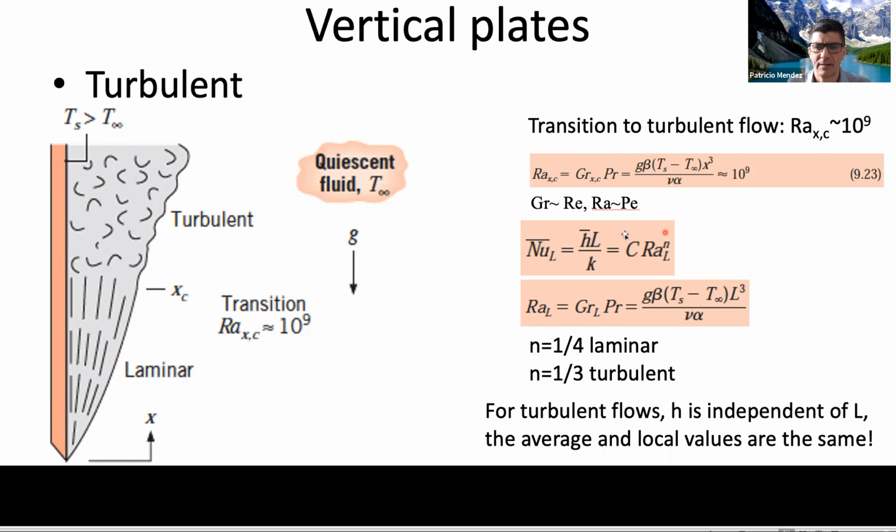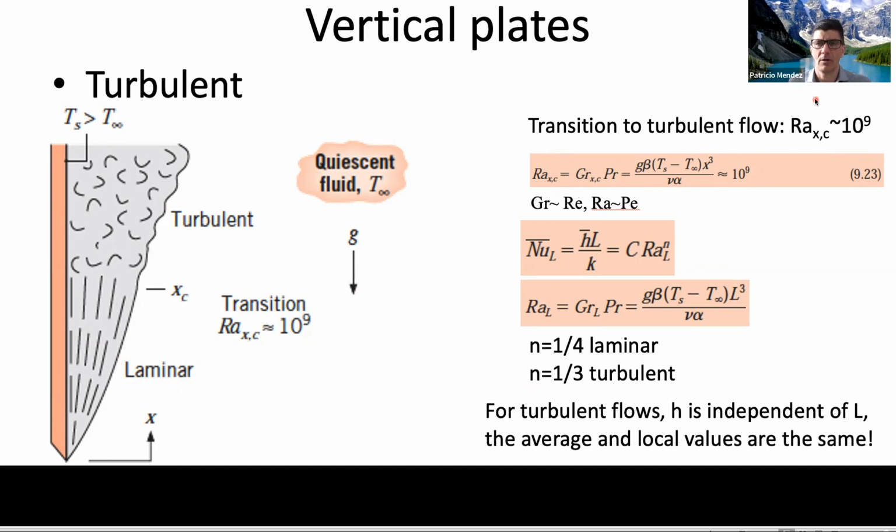They tend to come together, Grashof and Reynolds. So the criterion for turbulence is based on the Rayleigh number. We're going to say that a plate is laminar when the Rayleigh number is less than 10 to the 9, and when the Rayleigh number is more than 10 to the 9, it's going to be turbulent.